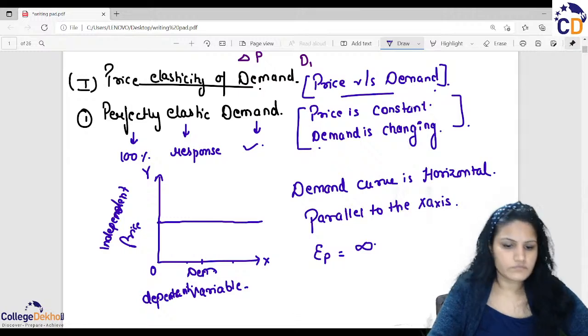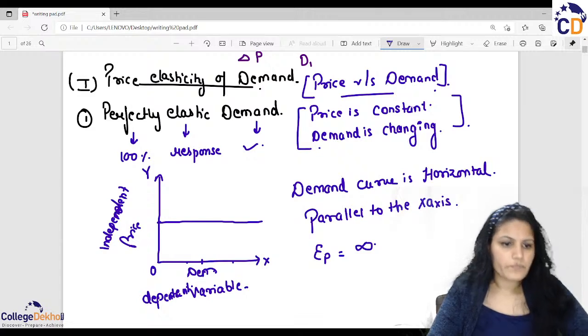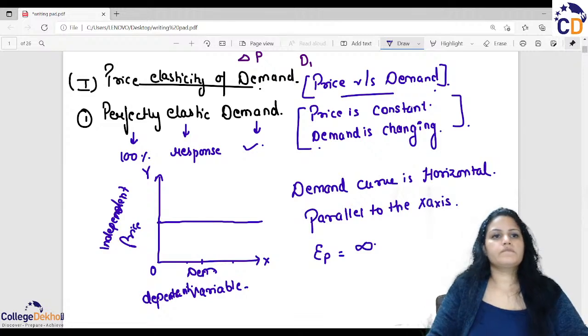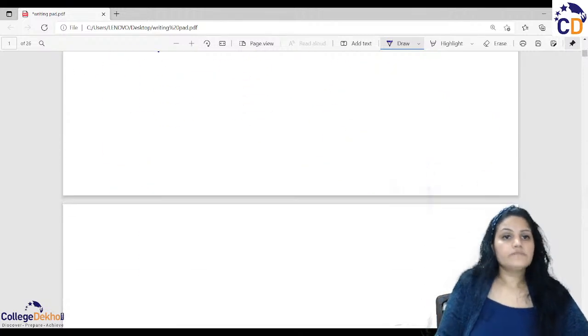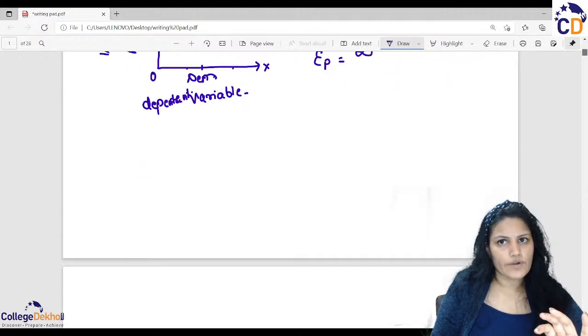Clear? Next point. In the price elasticity of demand, we have 5 points.